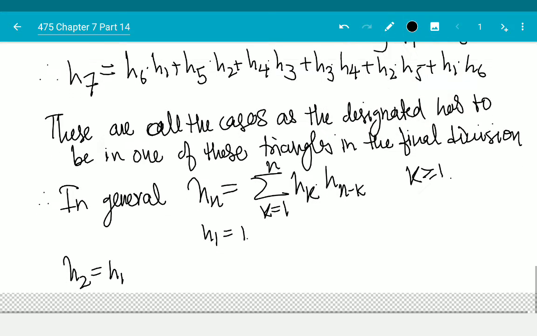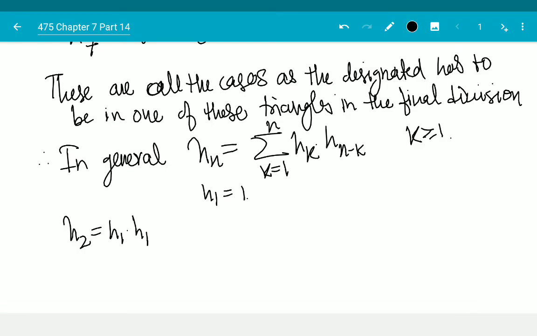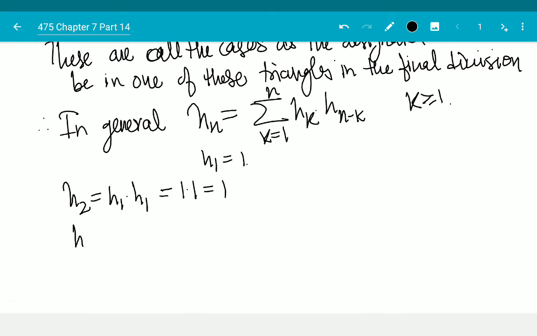Okay, h of 2 is equal to h of 1 into h of 1, which is equal to 1 times 1, which is 1, and we know h of 2 is equal to 1. h of 3 is equal to h of 1 times h of 2 plus h of 2 times h of 1, which is equal to 1 times 1 plus 1 times 1, which is 2. And both of these check out.